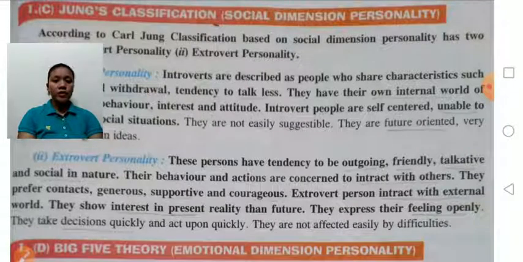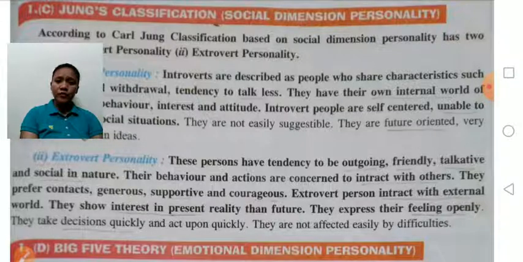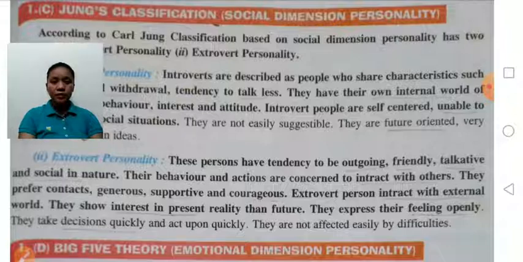Extrovert persons interact with the external world. They live in the present world rather than the future. Introvert persons only think about the future, but extrovert persons live in the present world. They think about the present.